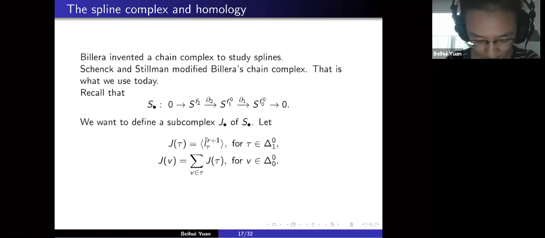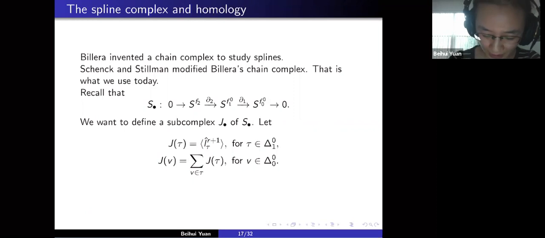J of tau, here tau is an interior edge of delta. Let J of tau be defined by a principal ideal generated by L to the r+1, and here again L is a linear form that vanishes on this edge.